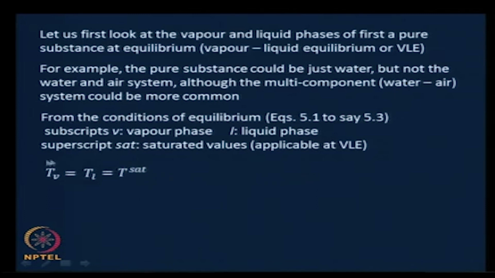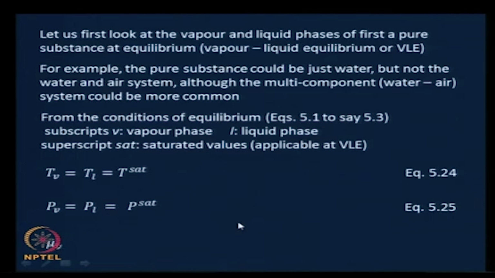So, this is the first condition: the temperature of the vapor phase must equal the temperature of the liquid phase, and this is the saturated condition, therefore, we can say it must be equal to T sat. This is equation 5.24. The pressure of the vapor phase, the second condition, must equal the pressure of the liquid phase, and say that is equal to P sat, equation 5.25.